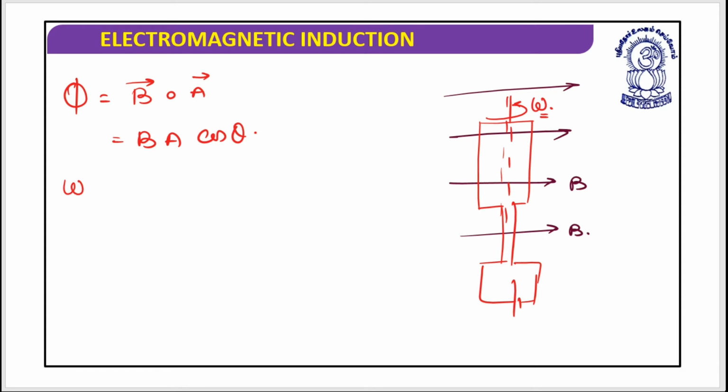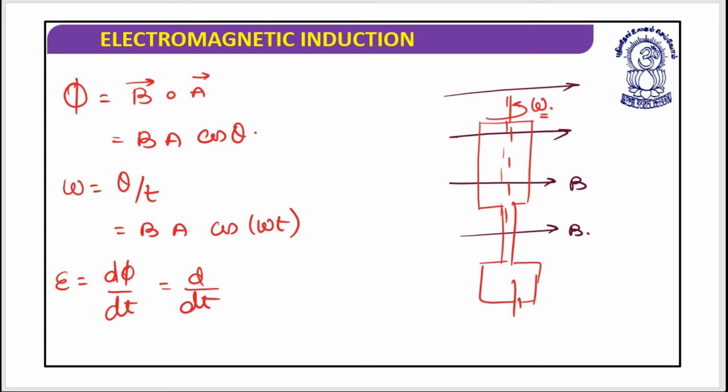If I replace theta with omega t, it's B into A into cos of omega t. Let's work for the magnitude only. E is equal to d phi by dt, which is d by dt of B into A into cos of omega t.